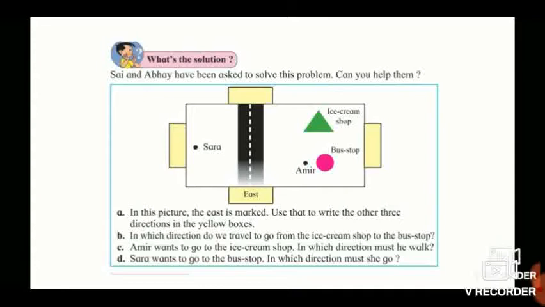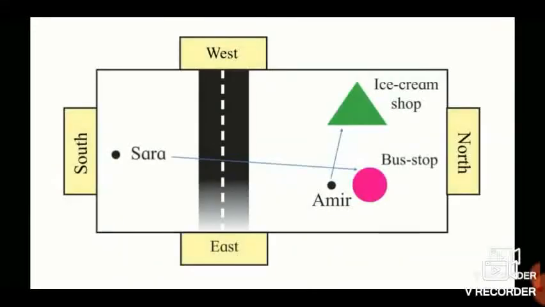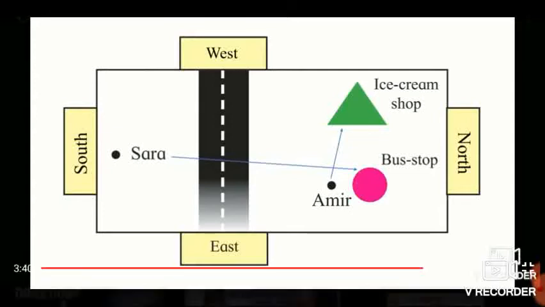Now if you are standing near the ice cream shop and you have to walk towards the bus stop, what is the first direction? Before you give the answer, let's just find out the directions. So these are the directions: east, west, north and south. East and west are opposite, and north and south are opposite.